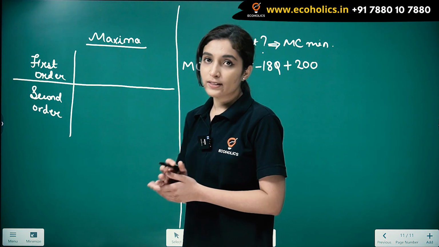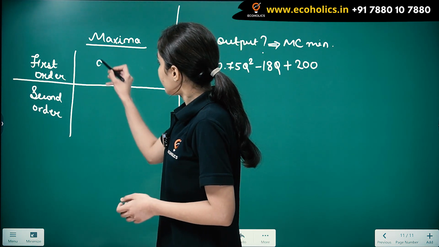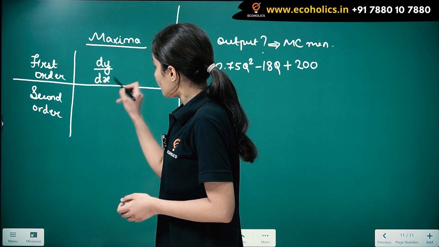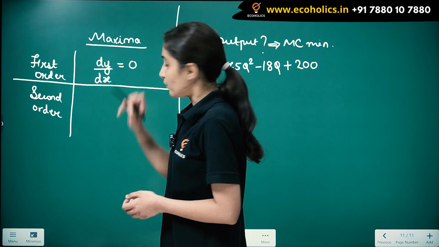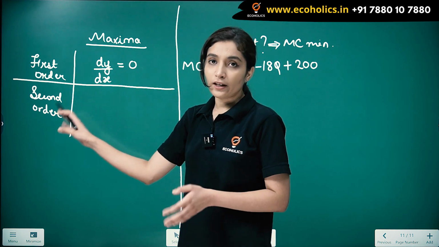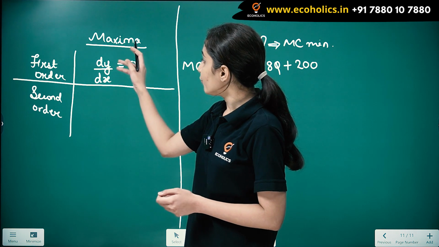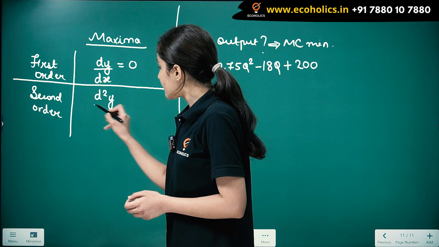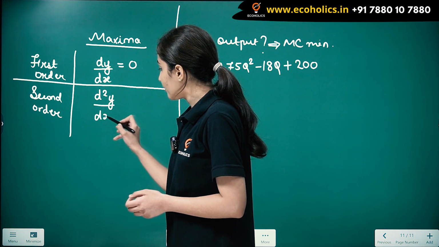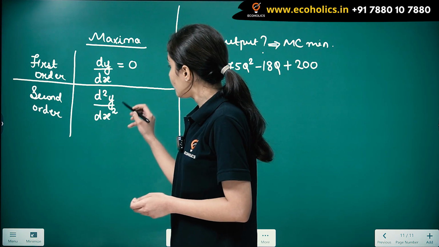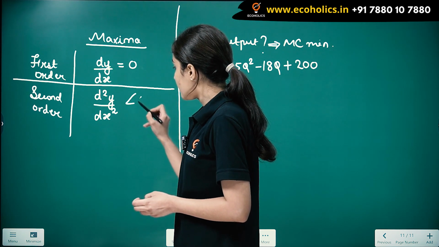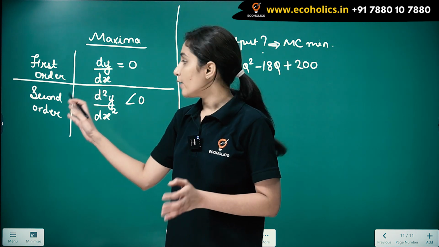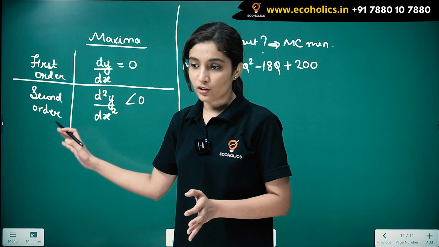First order condition states that our first derivative should be equal to 0, and our second order condition states that in case of maxima, our second order derivative should be less than 0. So our first order condition is the necessary condition, whereas second order condition is a sufficient condition.